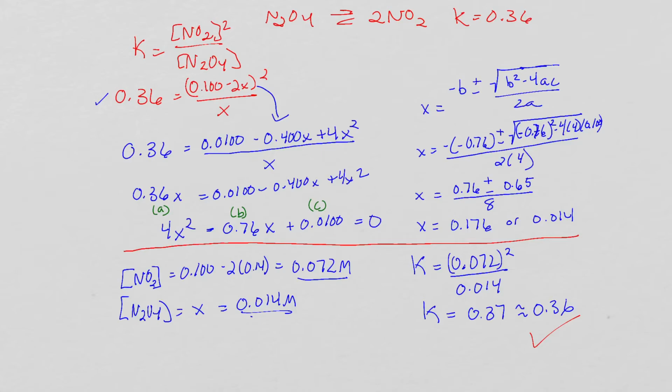So we're going to group our x terms, and we're going to end up with 4x squared minus 0.76x plus 0.0100, all equals 0. In essence, we just subtract 0.36x from both sides to take this to minus 0.76x, and rearrange the order of some of these terms.